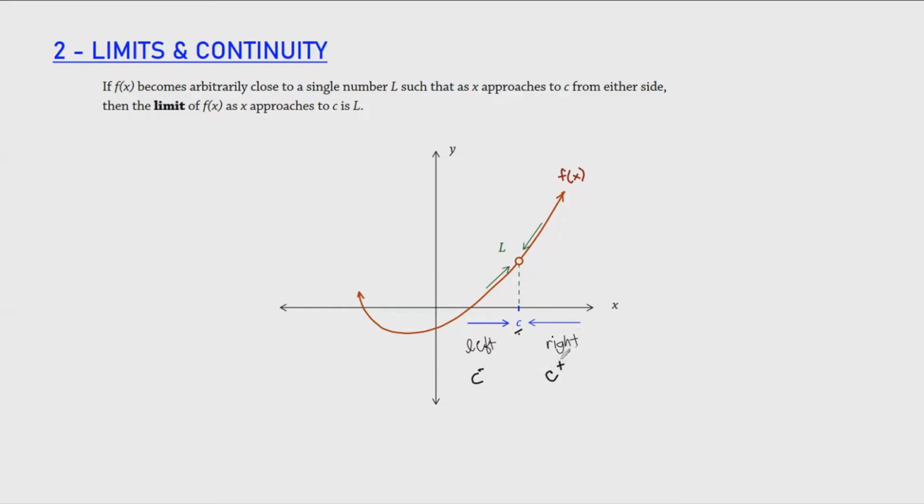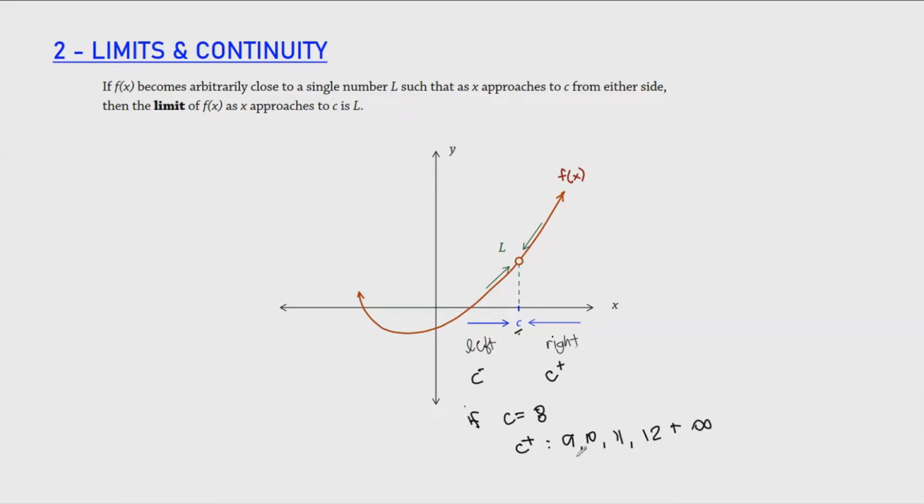This simply means that I'm referring to any number that is at the right of c, and this one is any number that is at the left of c. For example, as I've mentioned before, if c is equal to 8, then c plus can be 9, 10, 11, 12 to any positive infinity.